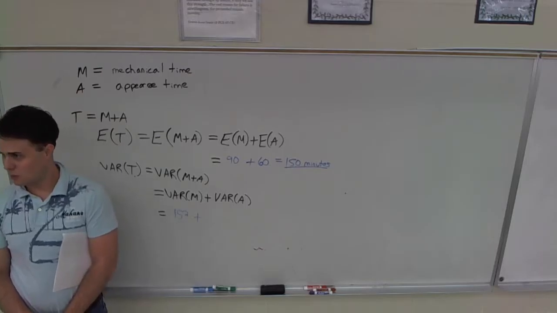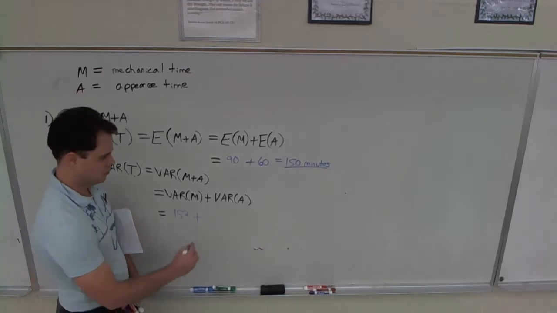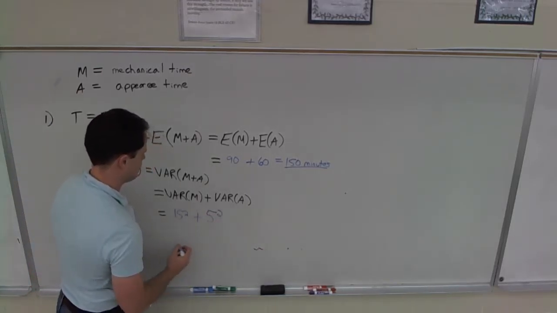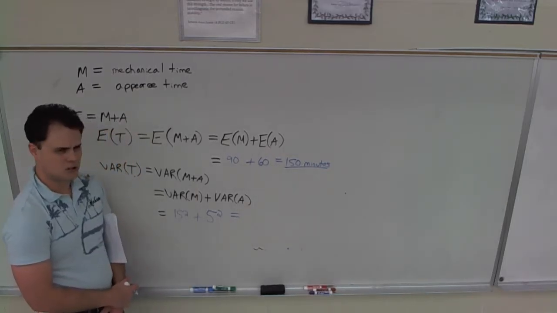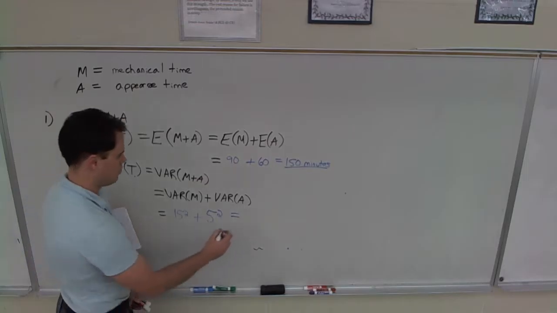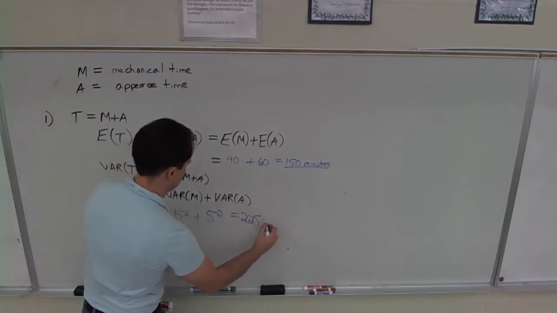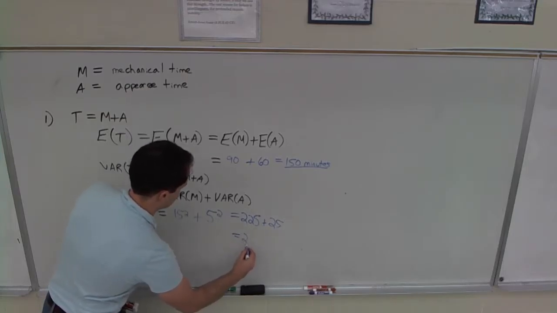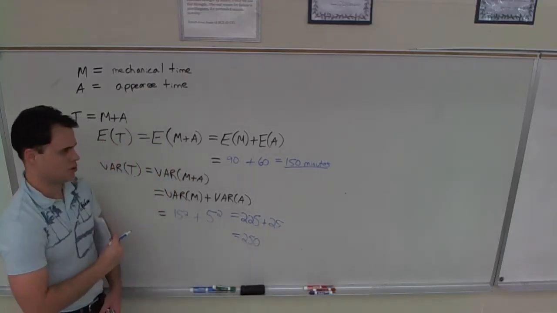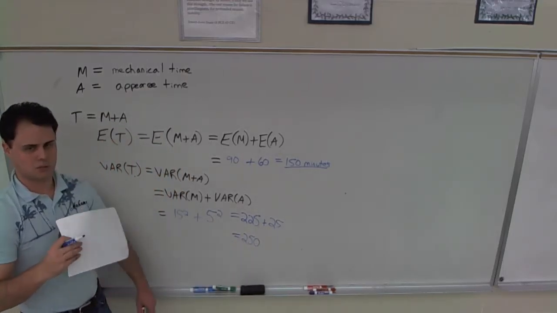So I shouldn't put 5 here, I should put 5 squared. So I can figure that out by adding them together. 15 squared is what, 225? Sometimes I forget that one. I remembered it today. It's a miracle. I think I'm right. Yep.